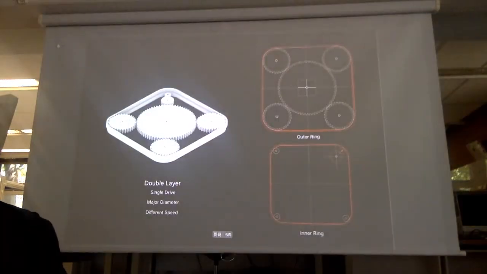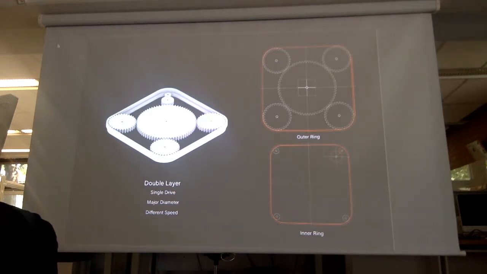So the first week, this is the first try. In this stage, I was also thinking about a double layout. One is for the outer ring and one is for the inner ring, and it is a single drive. The gears on the motors will drive the outer ring, and the inner ring will be driven by the gears on the outer ring.